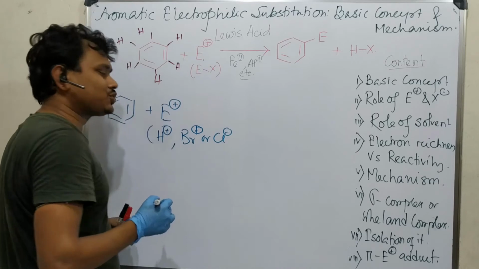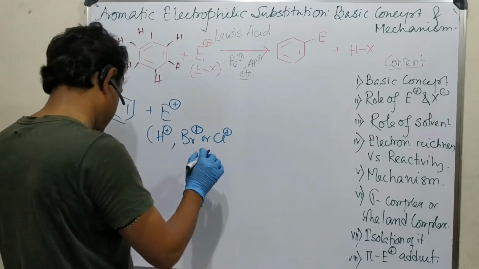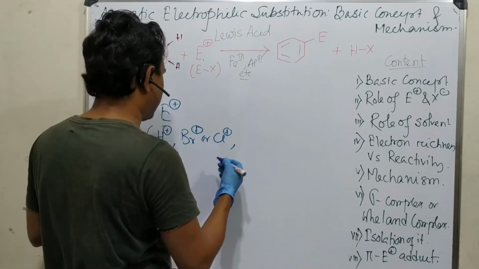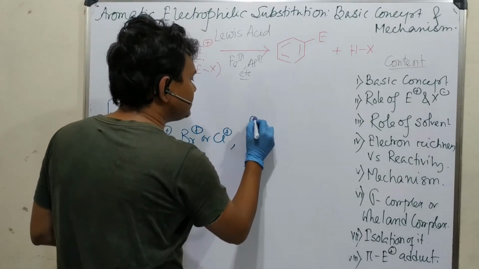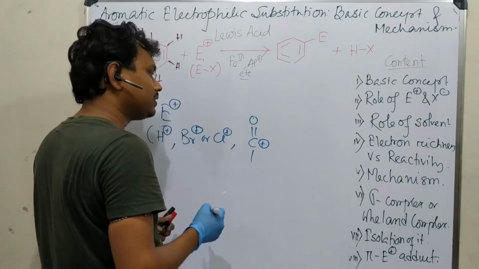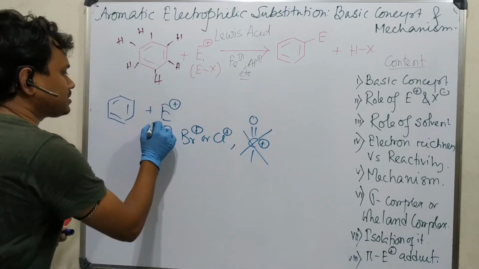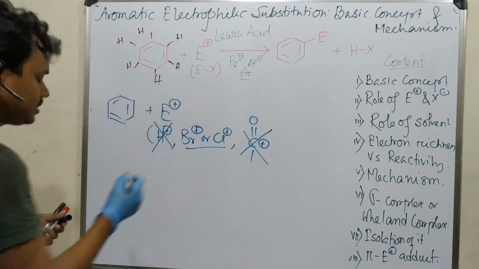Even other organic species, like this, which I guess you know is the acylium cation. Okay, so such types of things exist. I am not focusing on this; our focus is only on the halogens right now.